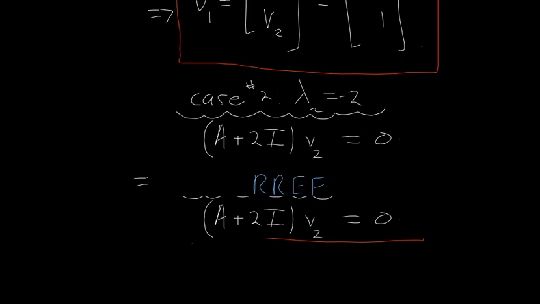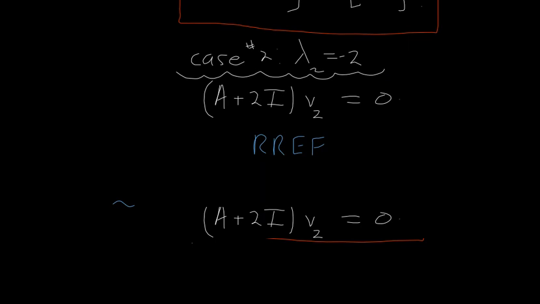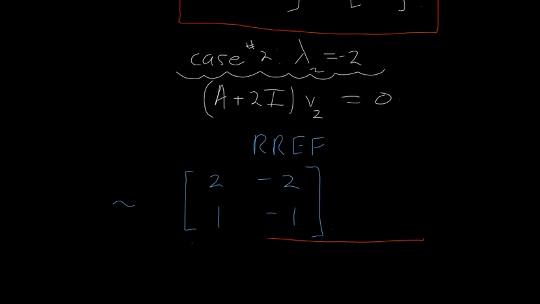I'm going pretty fast. After row reduced echelon form, I'm getting this matrix: 2, -2 in the first row, then the second row will be 1, -1.